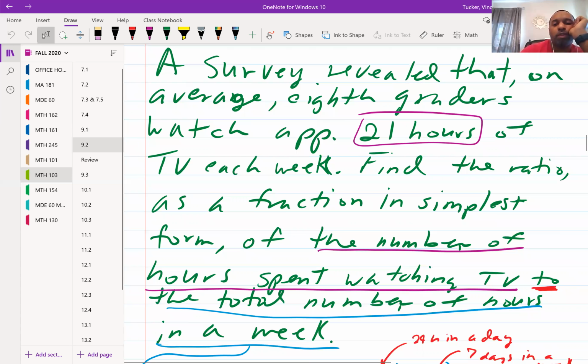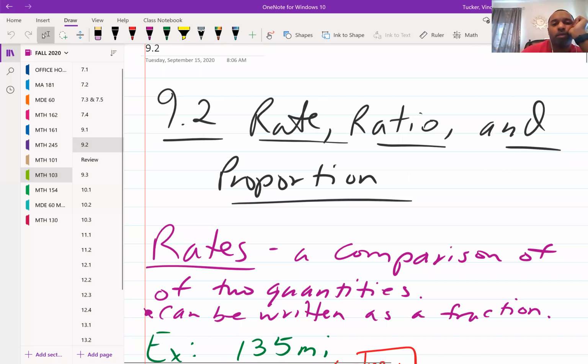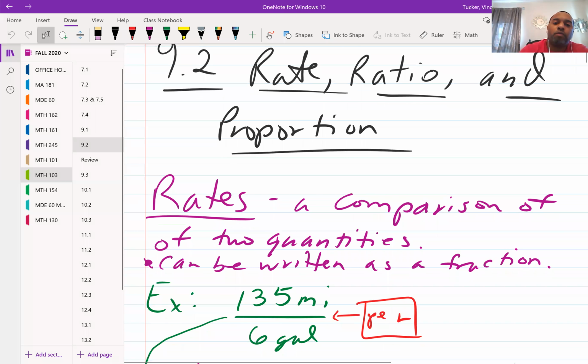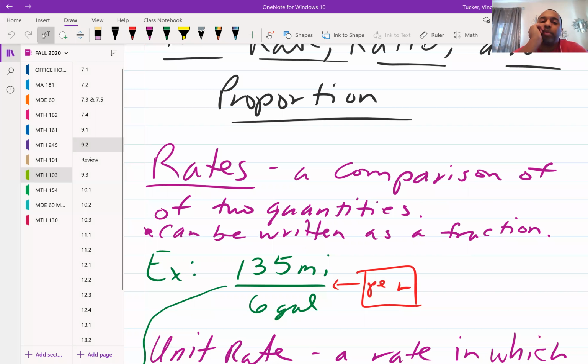Okay, let's do some of 9.2. I'm not saying we're gonna finish it, but 9.2 isn't heavy in content, so we might be all right with that. So let's look at rates, ratios, and proportions. So your rates, comparison of two quantities, can be written as a fraction.